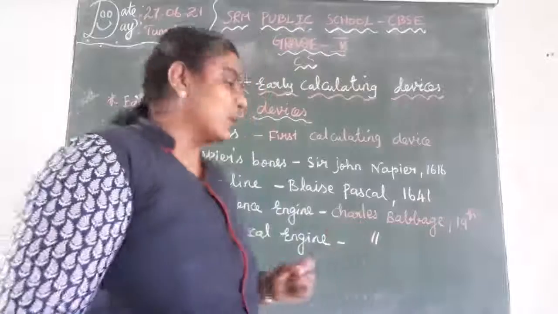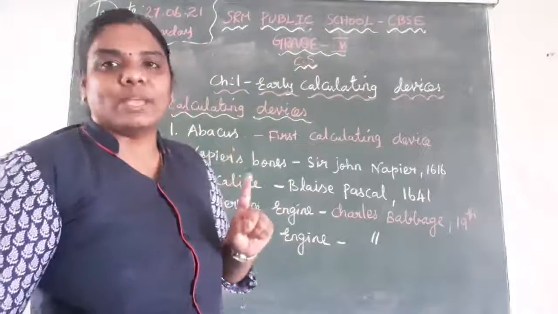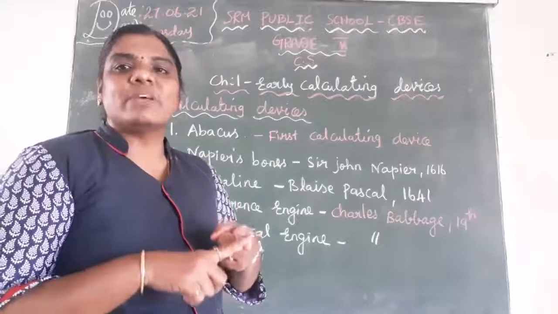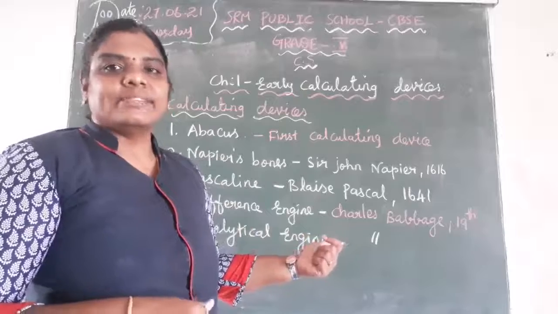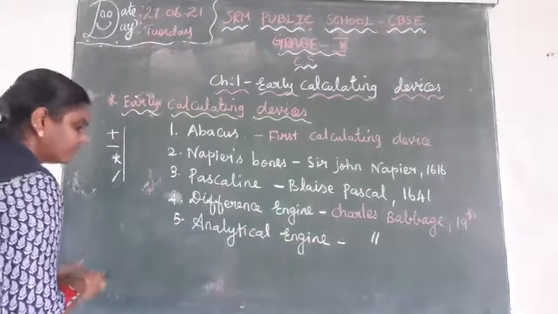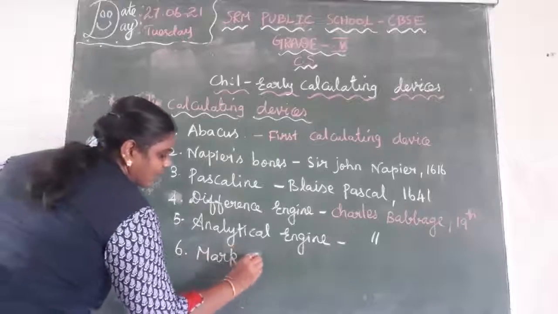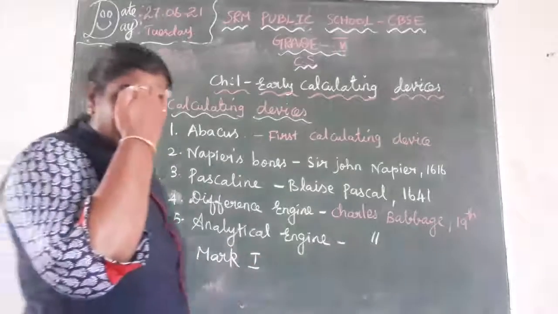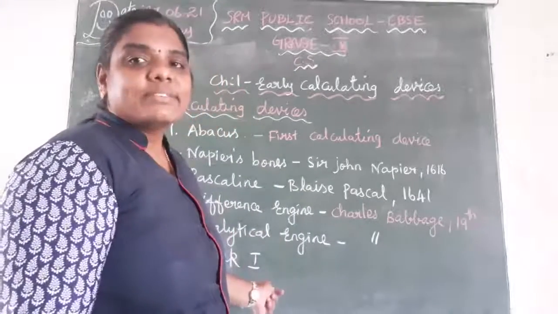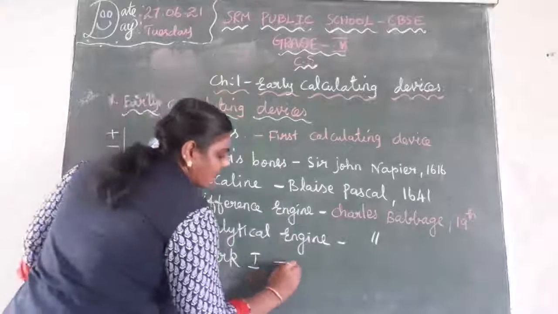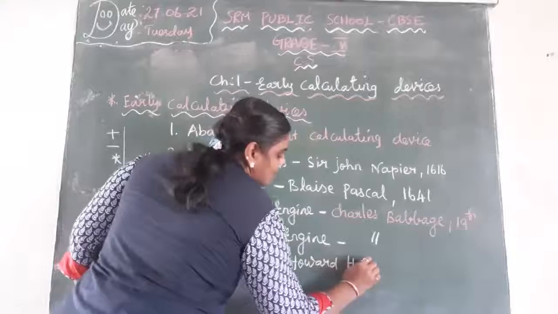That's why we call the analytical engine the first mechanical calculator. Which is called the first mechanical calculator? Analytical engine. Understand? Next one, Mark I. The Mark I device was invented by Howard H. Aiken.